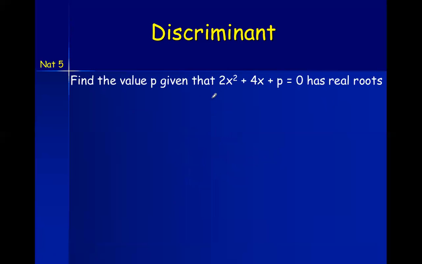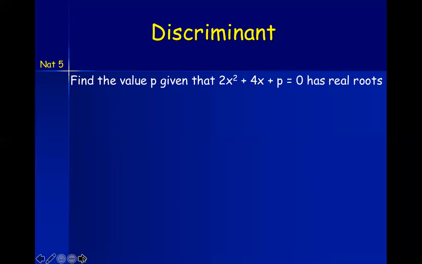Now, they may be a bit cleverer by asking you to find the value of P, where A is 2, B is 4, C equals P. So I don't know what P is, but what they've told me is I've got real roots. So find the value of P when you've got real roots. And what did we say about real roots?